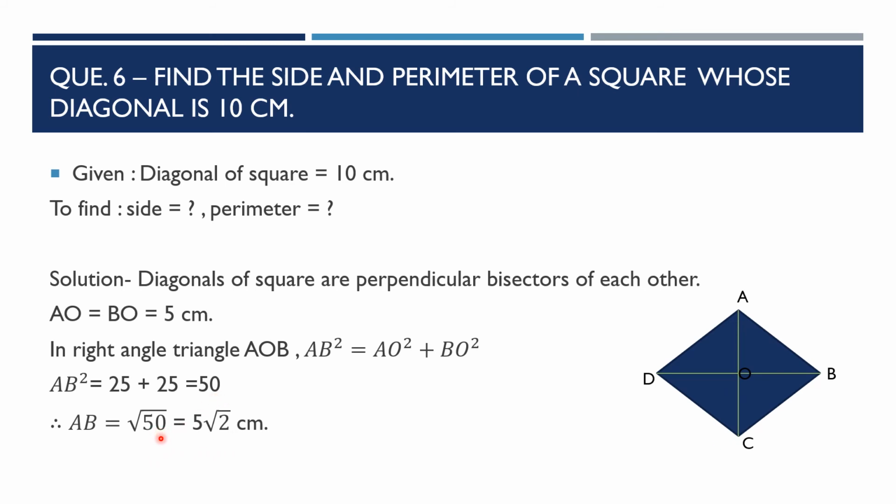Then taking the square root of 50, 50 is equal to 25 into 2, root 25 is equal to 5, so AB is 5 into root 2. Perimeter is equal to 4 into side of the square. You know this formula. Put here the value of side. We get perimeter is equal to 20 root 2 centimeter. This is the side of the square. This is the perimeter of the square.